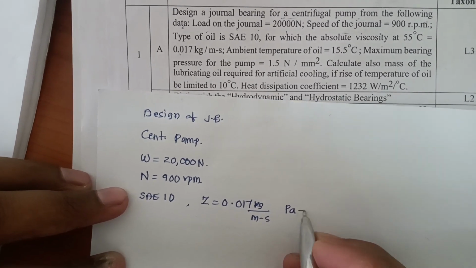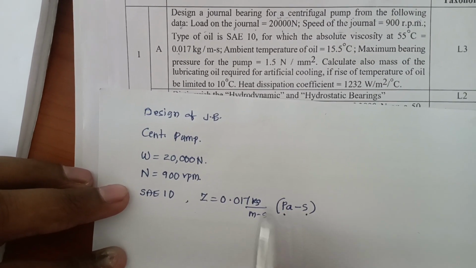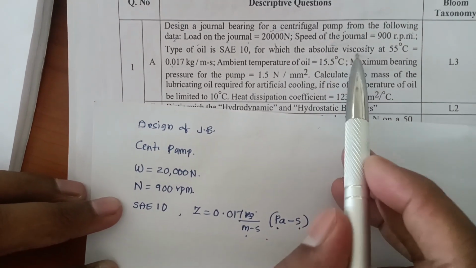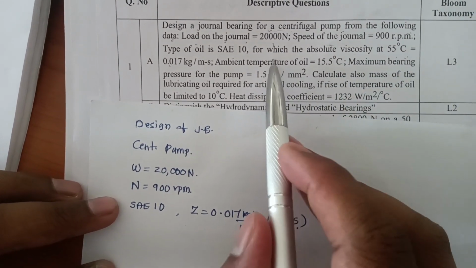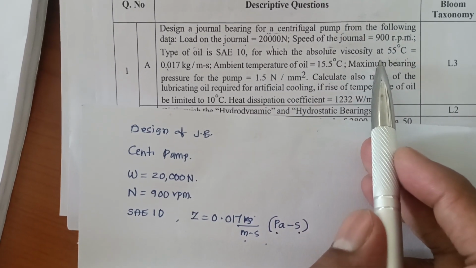Sometimes the same value can be given as Pascal second. Both are same, Pascal second or kg per meter second. And here the viscosity is at 55 degrees centigrade, that is the operating temperature, that is the oil temperature TO, 55 degrees centigrade.